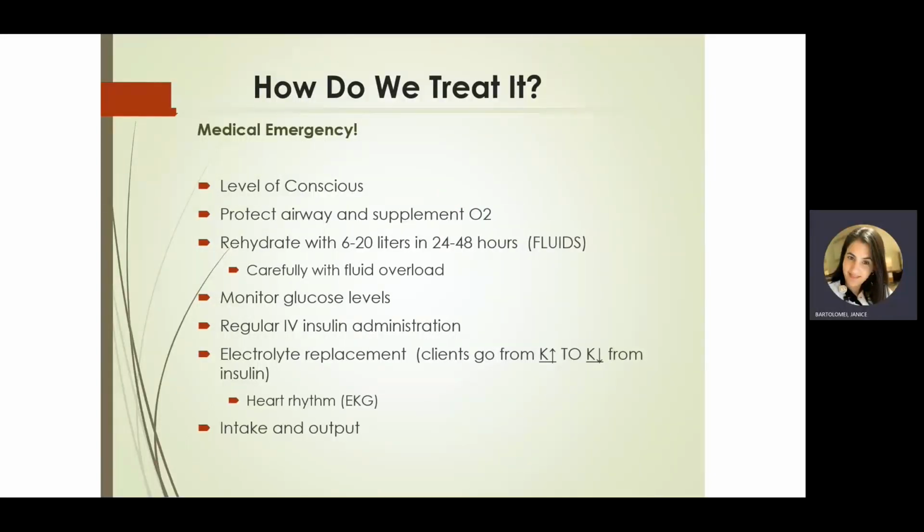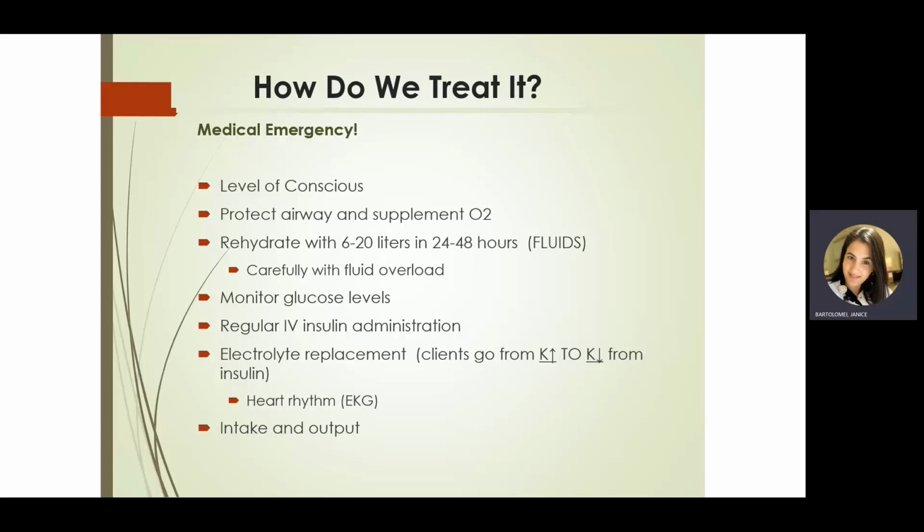So we treat immediately. These people need to go to a hospital emergency. We monitor their level of consciousness. We protect their ABCs, airway first, and then we hydrate them. We pump them with fluids, and it's not just 1 or 2 liters. We're talking about 6 to 20 liters in less than 24 hours. So these clients are at high risk of fluid overload.